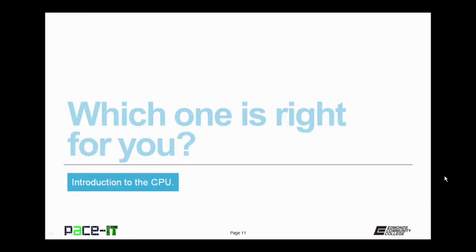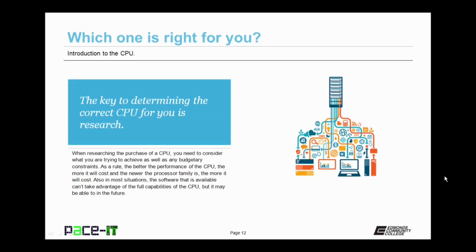So let's talk about which one is right for you. Well, I can't really answer that question. The key to determining the correct CPU for you is research. Now, when you're researching the purchase of a CPU, you need to consider what you are trying to achieve, as well as any budgetary constraints. As a rule, the better the performance of the CPU, the more it will cost.